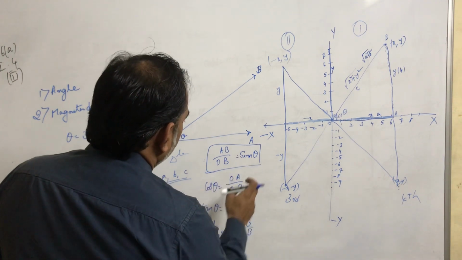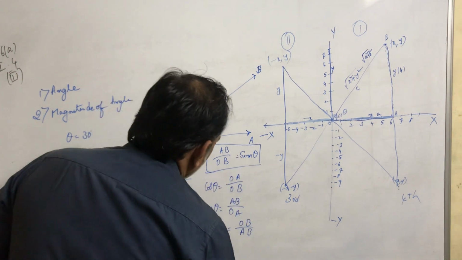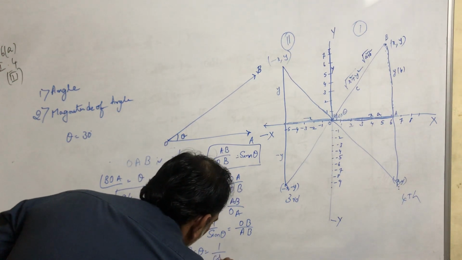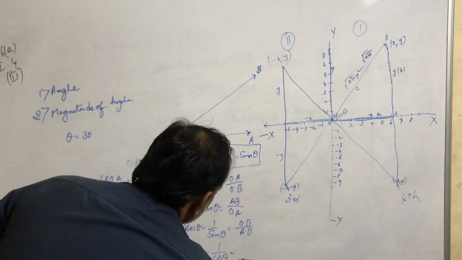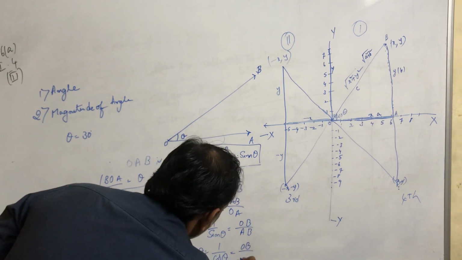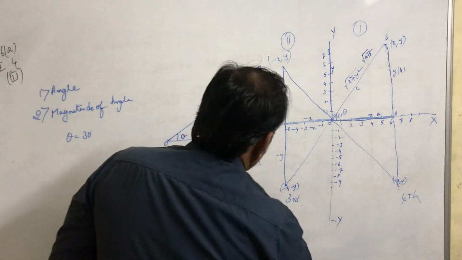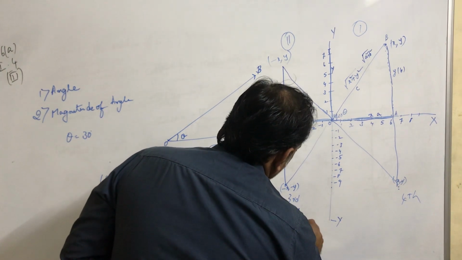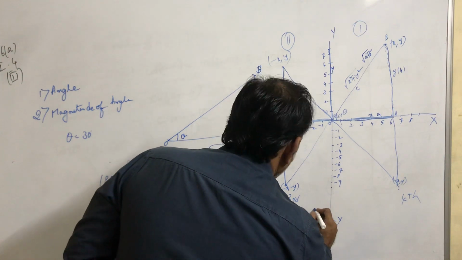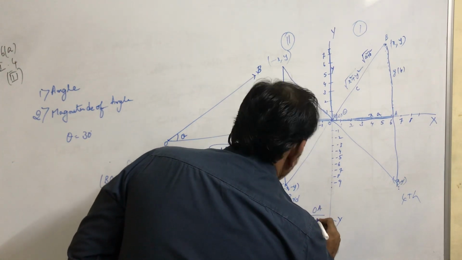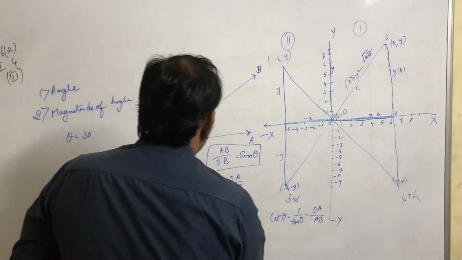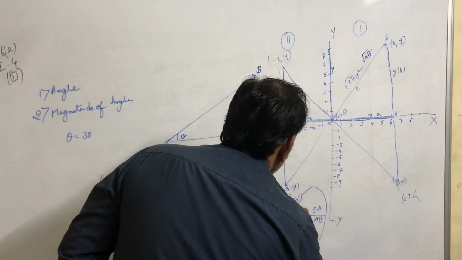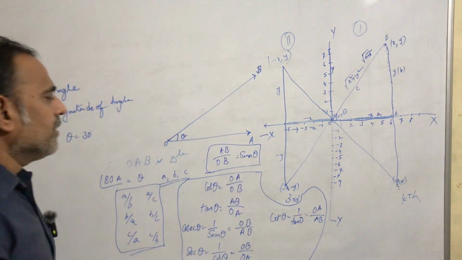This is one, this is second, third, fourth, and then secant theta. Secant theta equal to 1 by cos theta. What is 1 by cos theta? OB by OA. And then cot theta equal to 1 by tan theta equal to OA by AB. These are the trigonometric ratios. If you remember these ratios, this is well and good.